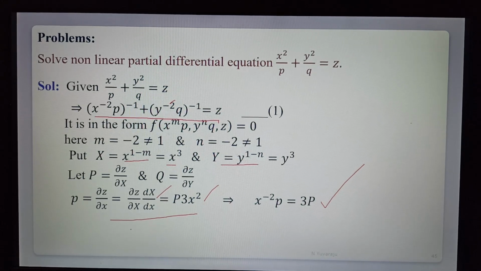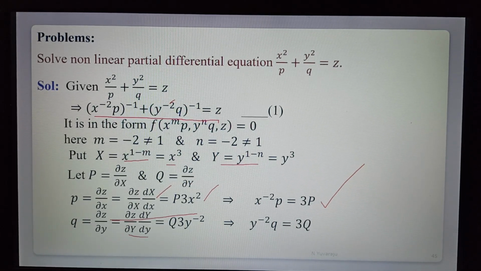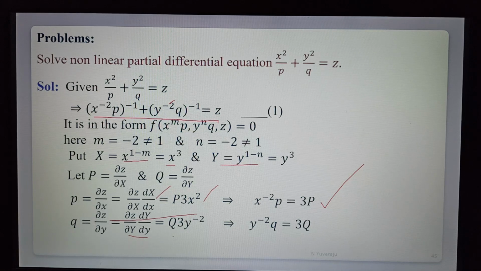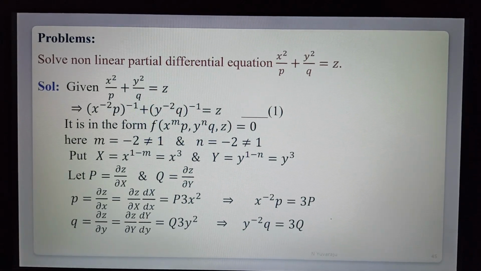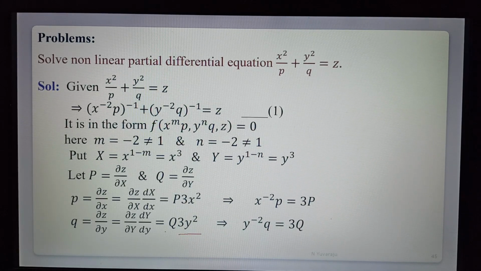Similarly small q is equal to dou z by dou y, which can be written as dou z by dou capital Y into d capital Y by dy, that is Q into 3y square. y square right outside, y power minus 2 into q is equal to 3 capital Q.